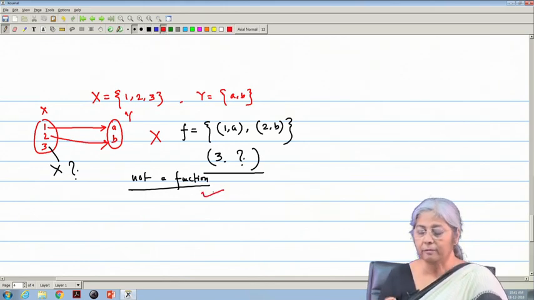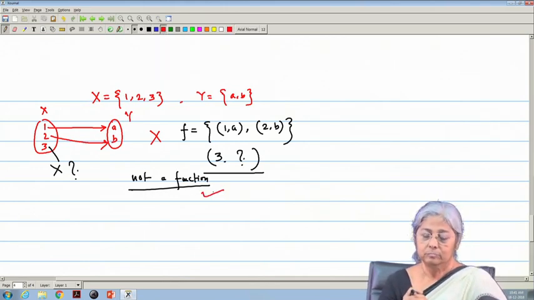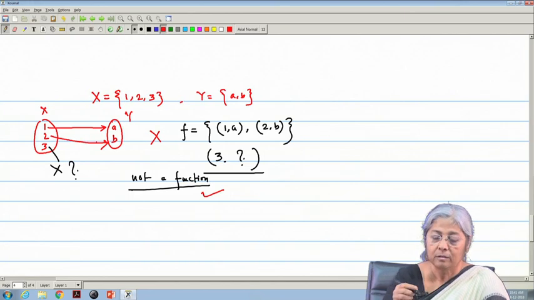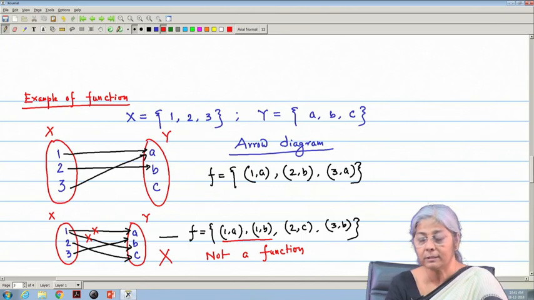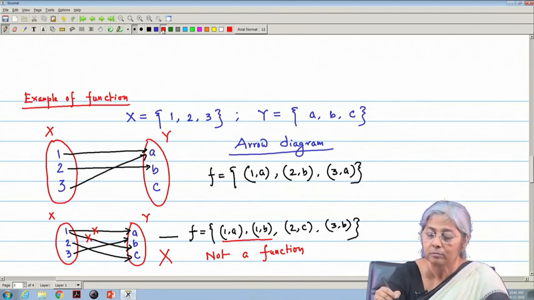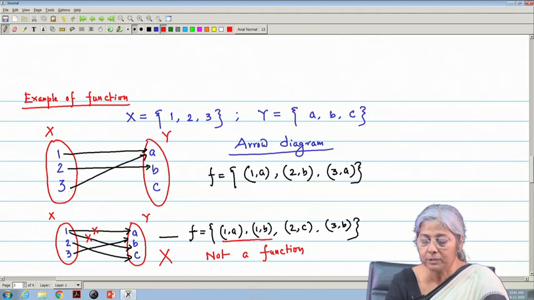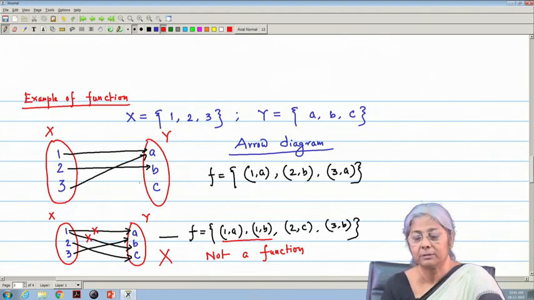Now, we have just seen in the last example that this is a many to one function, that means both 1 and 3 are assigned to a, or it can be that only 1a, 2b, 3c, that type of function can be there.